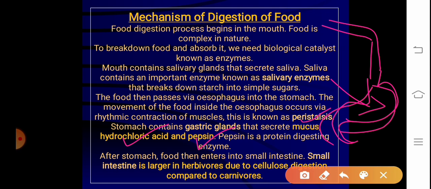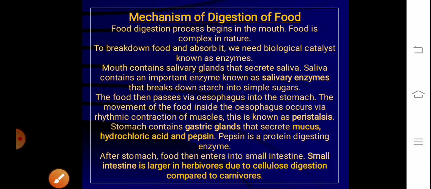The HCl destroys the microorganisms present in the food, and it creates an acidic medium in the stomach. Now coming to pepsin, why is pepsin released in the stomach? The pepsin helps in the digestion of protein.